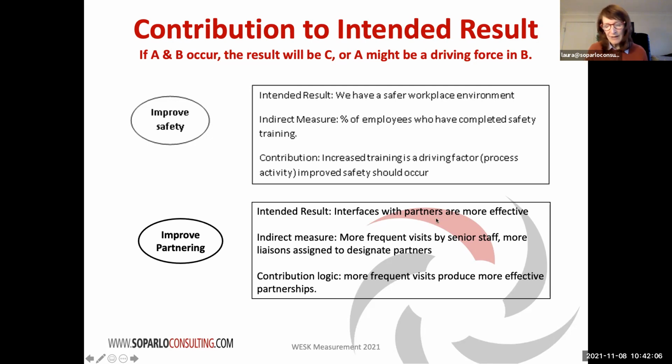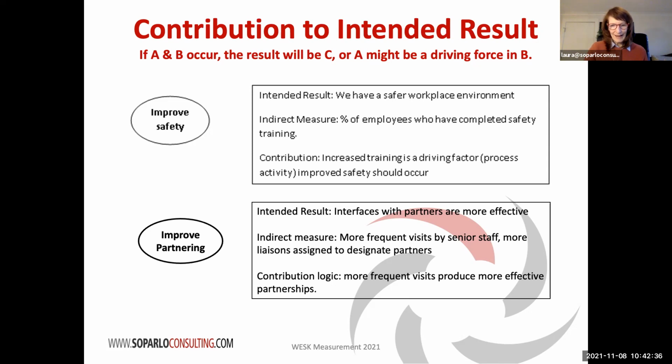So again, it's not a direct measure, but we're going to make an assumption that if we actually go out and meet with them more and have more dialogue and build relationships, our partnerships will be more effective. So again, you're probably recognizing these are not direct measures, but it's the only thing we can measure. As you set up your measures, you're thinking, if we can't measure it directly, what can we measure that will give us a good indication that we might be getting there?